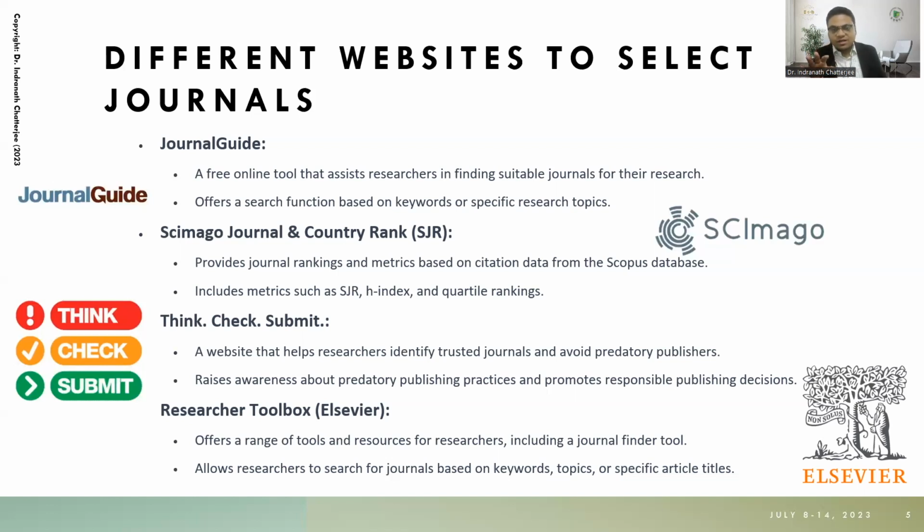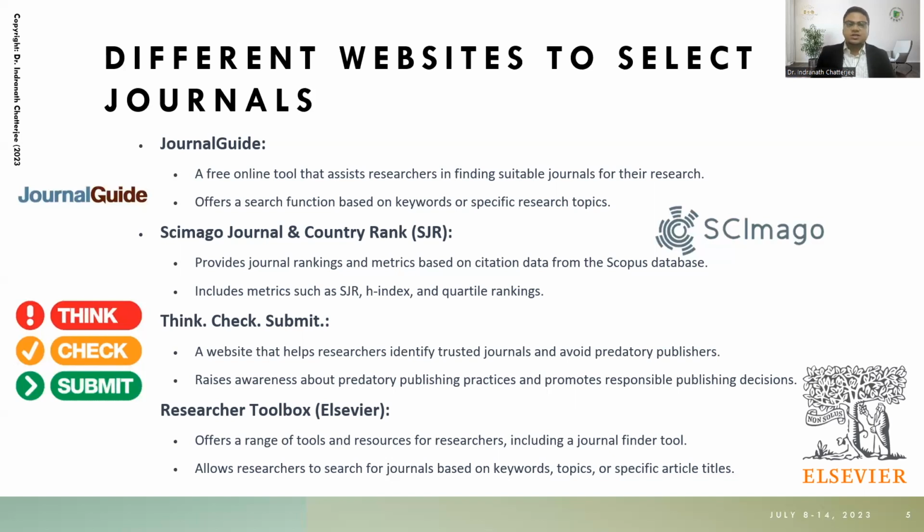So if you click any particular journal, you can see all the impact factors, you can see the indexing process, you can see the home page, you can see if there is any article processing charge involved, is it open access or subscription based. You can see all the details about the journal in that particular Journal Guide.